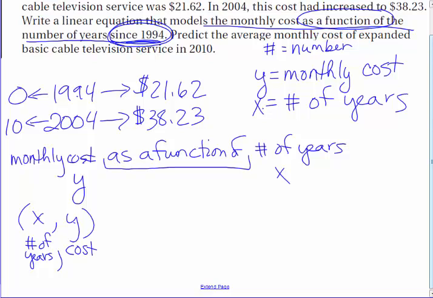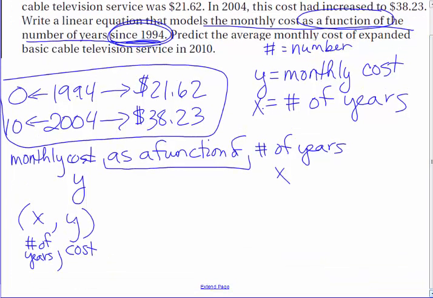So now take this information right here, and we're going to set up 2 ordered pairs. So that means 0, 21.62, 10, 38.23.